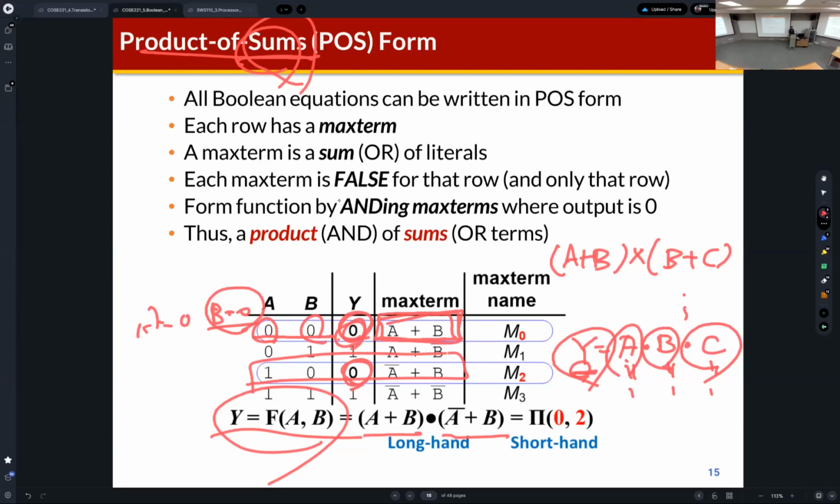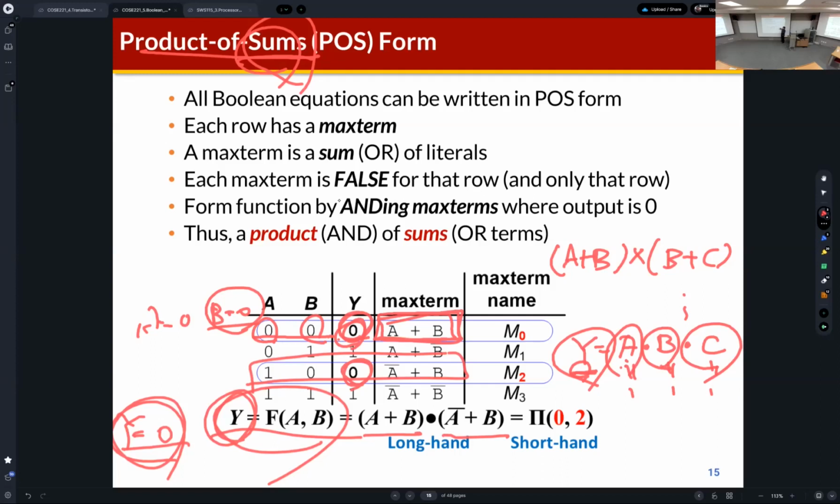Why? It is because of the properties of AND gate and OR gate, right? So how can we generate y is 0 from some AND of A and B and C? Okay, how can you make y 0? Actually, we need not focus on generating the POS form.